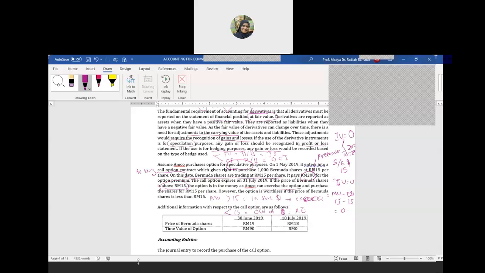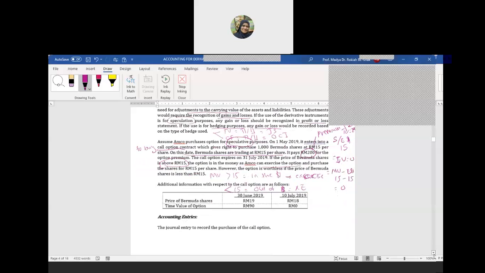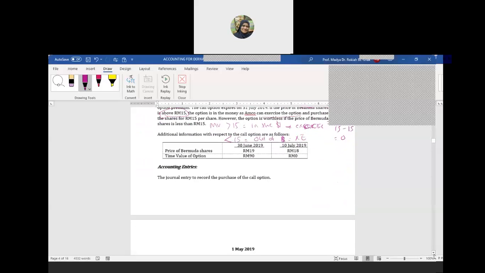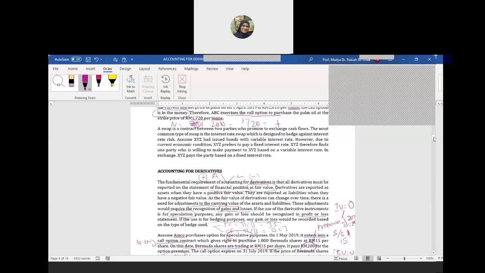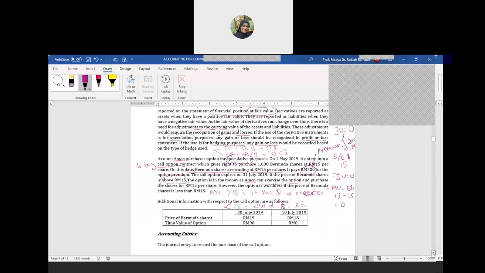Okay, so this is the information regarding the call options. You have here the Bermuda shares. We just put it here because we want to use this later. On 30th of June, the market value of shares is 19, and on 10th of July, the market value becomes 18.